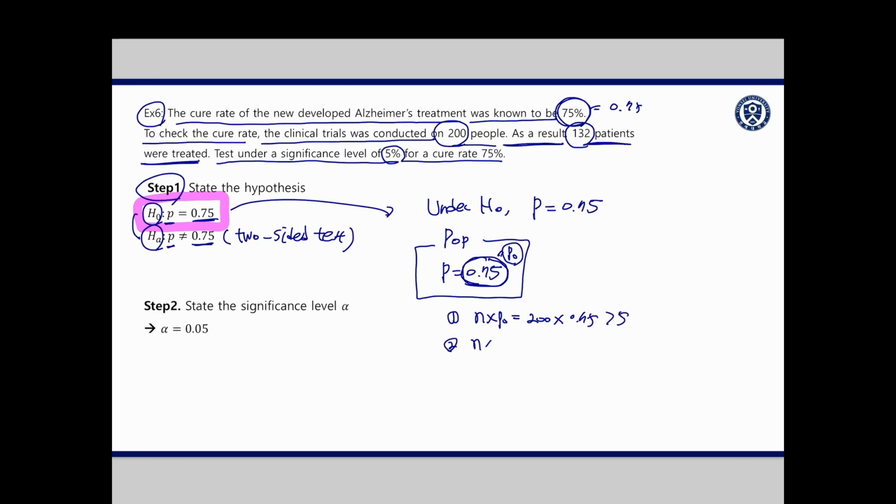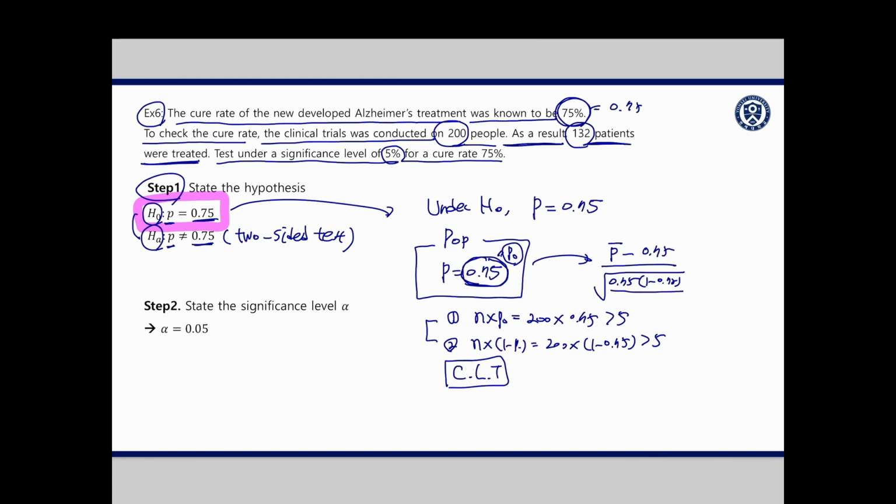The second condition is n multiplied by (1 minus P0), that is 200 multiplied by (1 minus 0.75), is also greater than 5. Okay, so we can apply the CLT. So the sample proportion minus 0.75, standardized, follows the standard normal distribution.